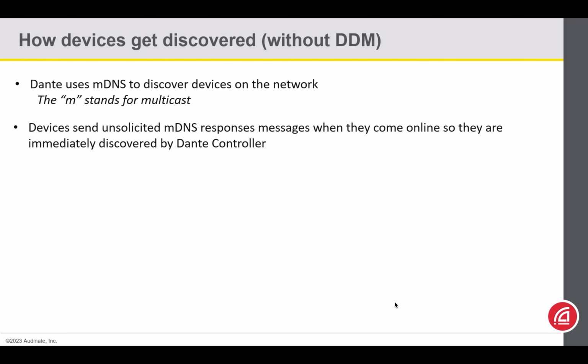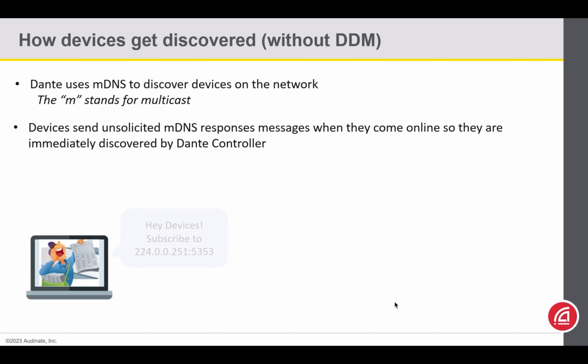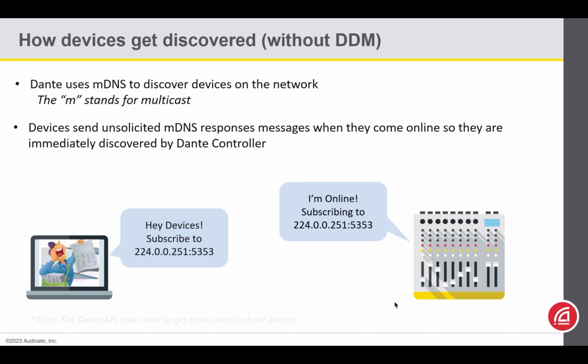Every device that is looking to be discovered, like any of your Dante devices, advertises itself on the network using an mDNS responder message. Devices that are doing the discovery, like your computer running Dante Controller, send mDNS query messages. Simple as that. For your understanding, Dante devices when first connected to a network will automatically start sending unsolicited response messages.